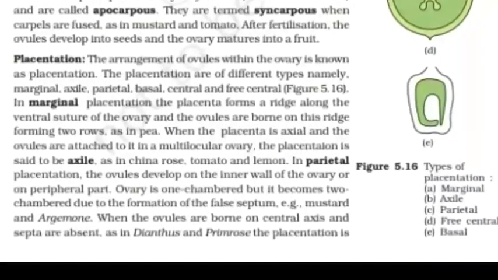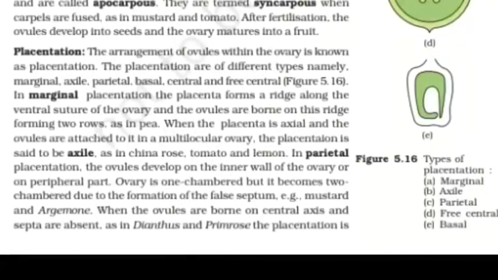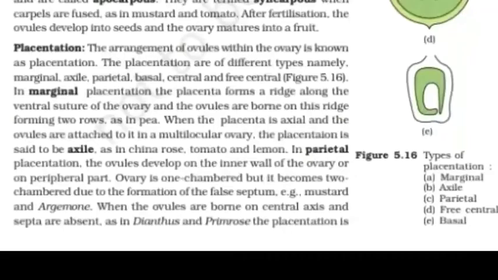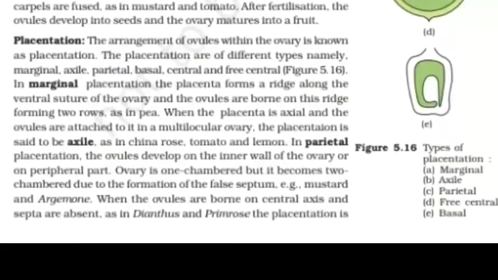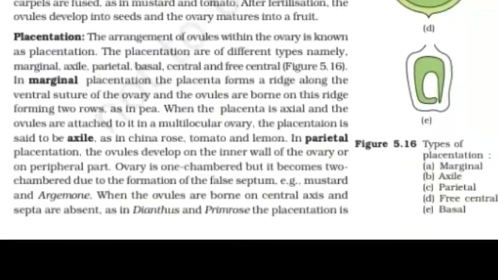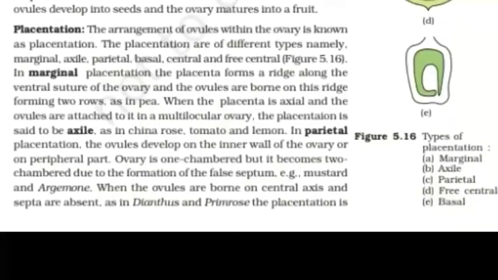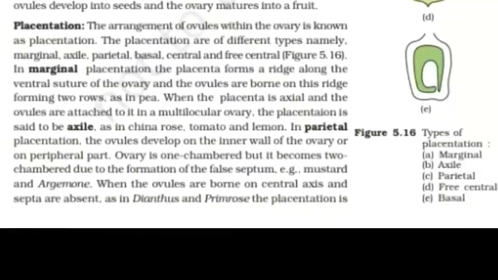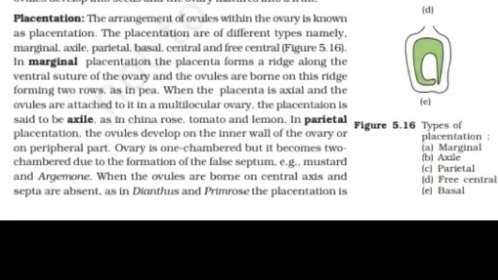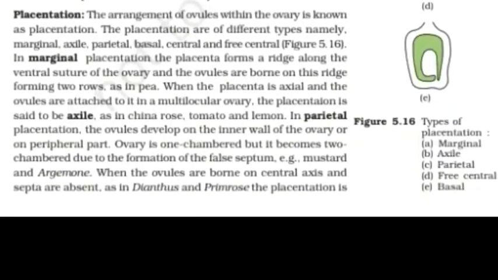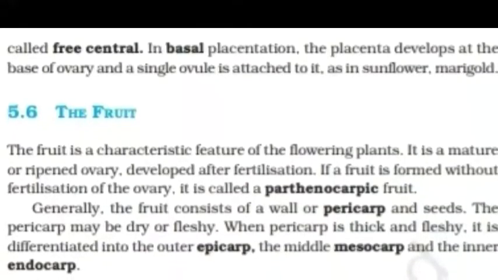The ovary is one-chambered, but it becomes two-chambered due to the formation of the false septum. Example: mustard and argemone. When the ovules are borne on the central axis and septa are absent, as in dianthus and primrose, the placentation is called free central.